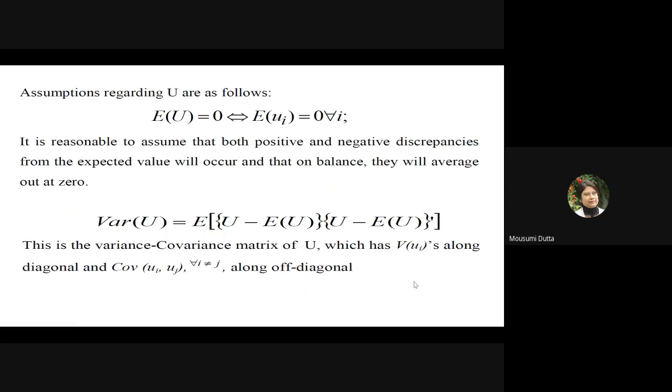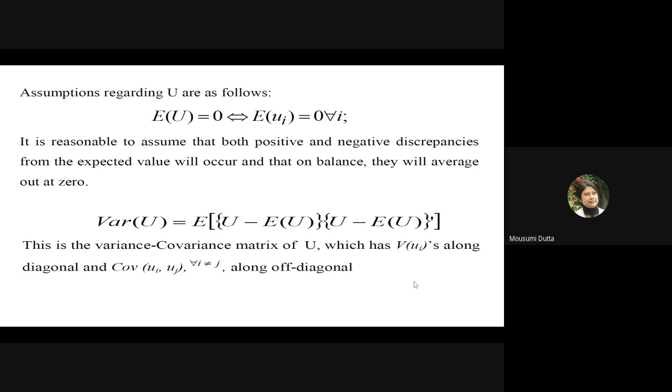So next we are moving to the assumption of homoscedasticity and non-autocorrelation. Now, in case of two variable analysis, we separately talk about the variance and the covariance between the error terms.